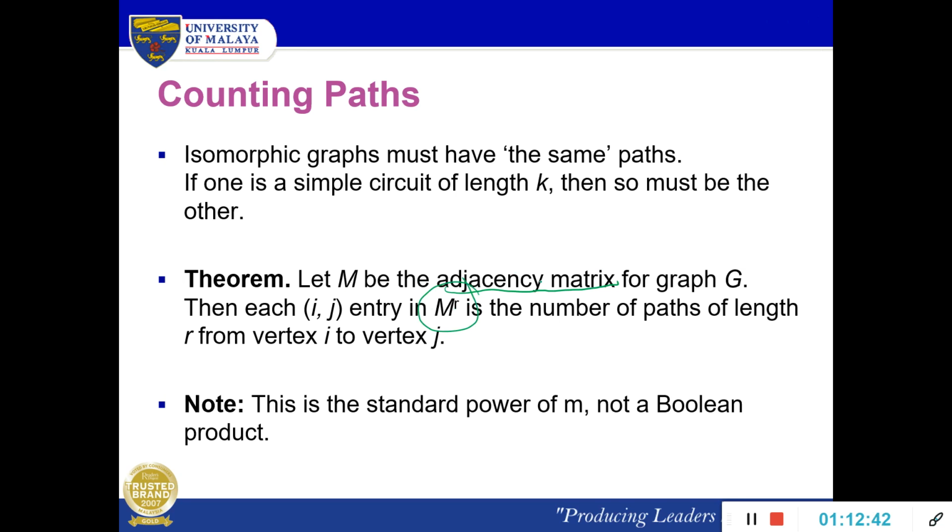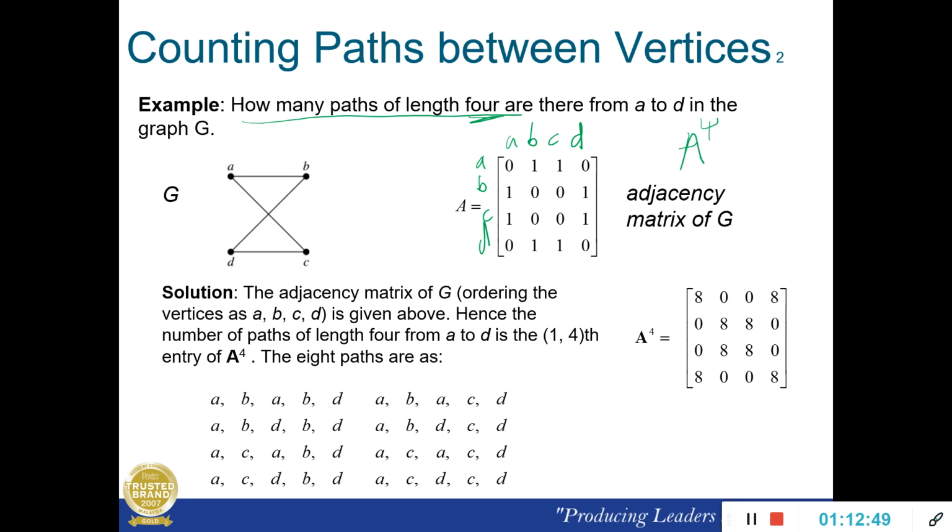Then each ij entry of M to the power of r is the number of paths of length r from vertex i to vertex j. So path length 4, from A to D. You have to do matrix multiplication 4 times. This matrix is to the power of 4.